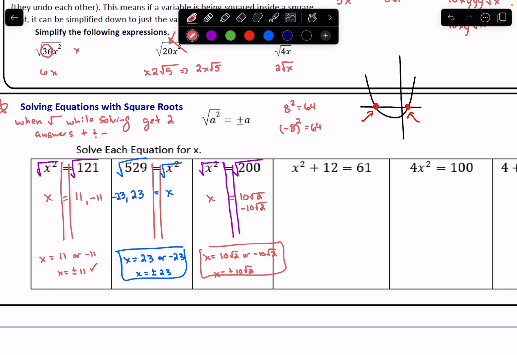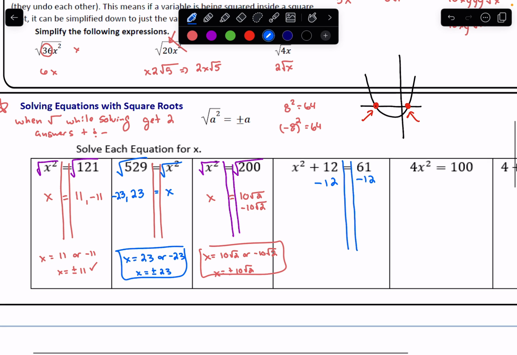On this one, I've got this plus 12 going on. Now, just like railroad tracks, if I square root right now, I'm square rooting this entire side. I don't want to square root that entire side. I just want to square root this to make the square go away. So before I can square root, I've got a minus 12 from here and minus 12 from this side, which means I end up with x squared equals 49.